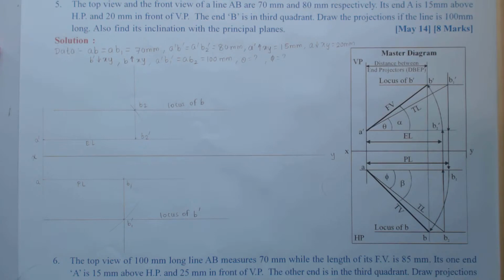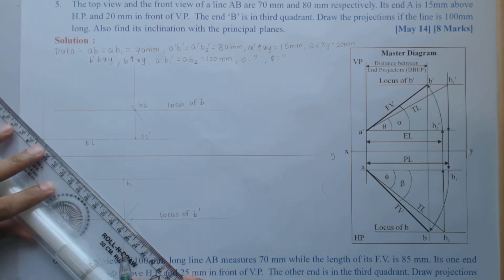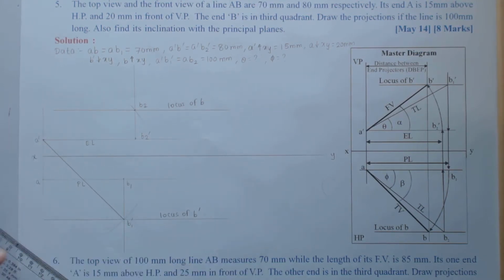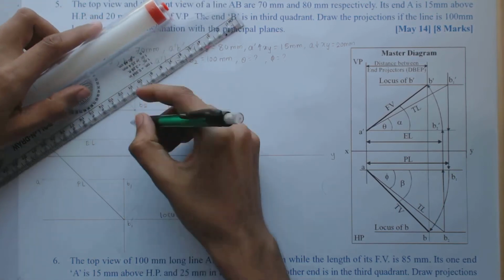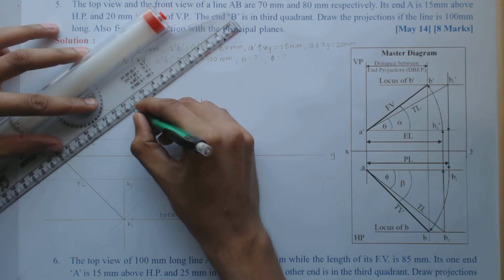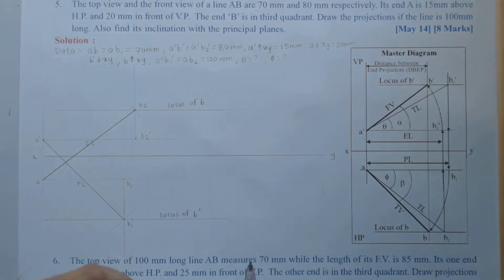Now we have marked elevation length, plan length. Now we have marked the true length. So I'll just join A dash B1 dash to get the true length in front view, and I'll join AB2 to get the true length in top view. Okay.